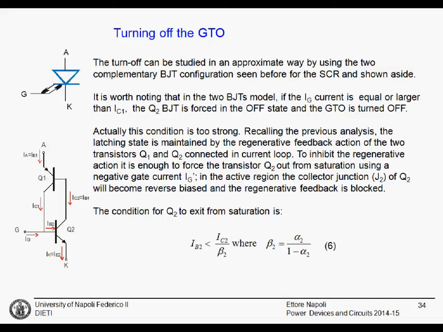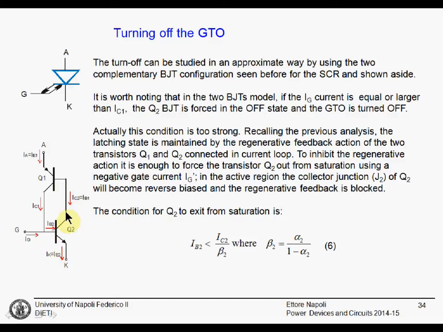First of all, if we analyze this two BJTs model, we know that in the on state, these two devices are actually in hard saturation, and you don't need gate current because this BJT is on and provides a large collector current.